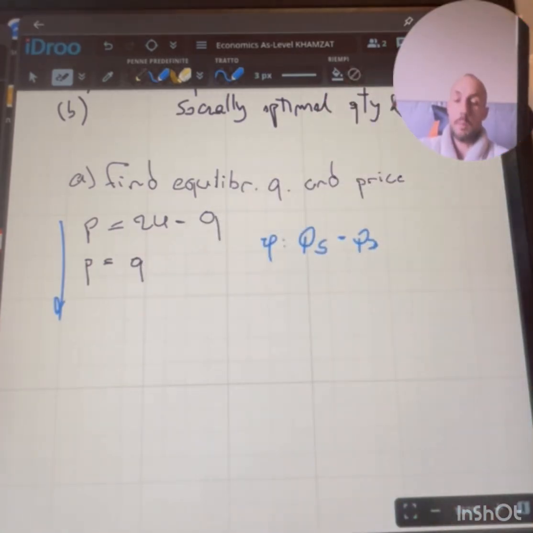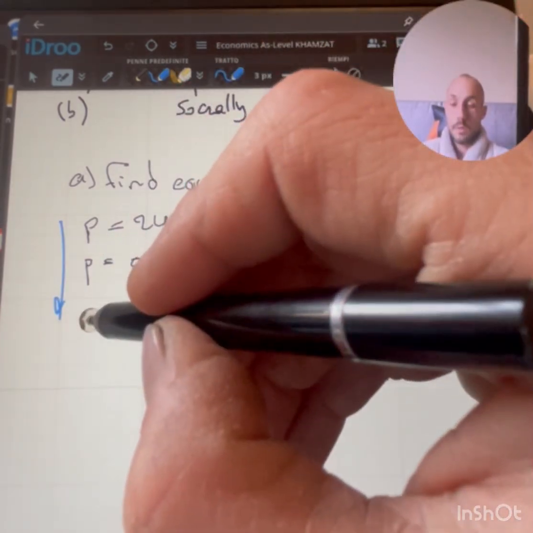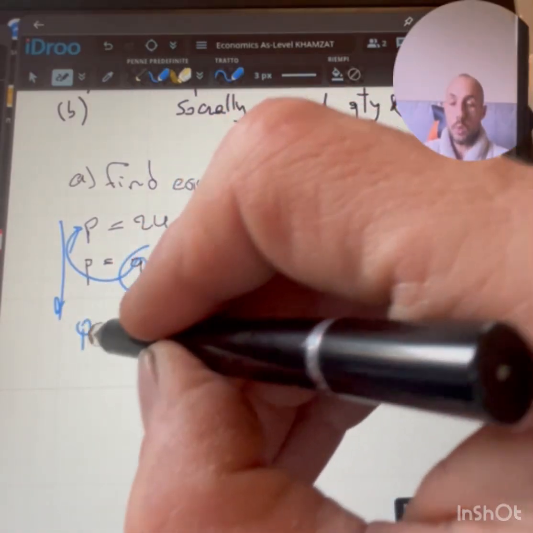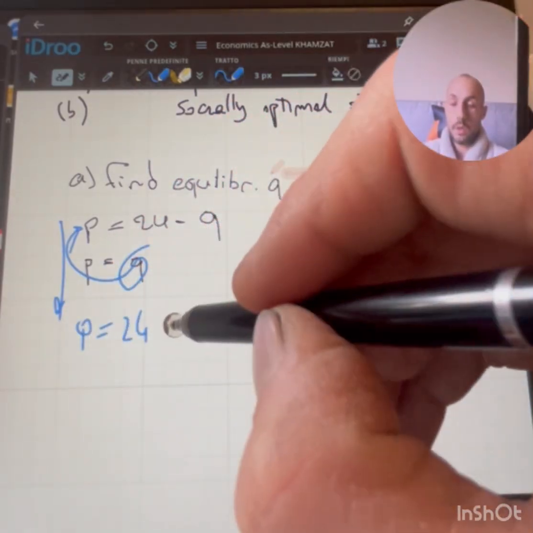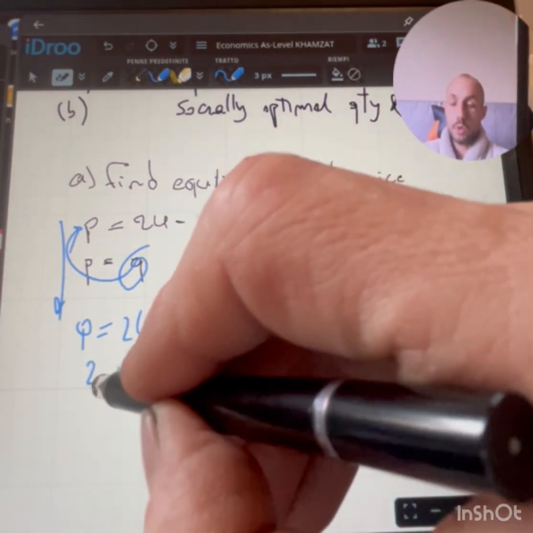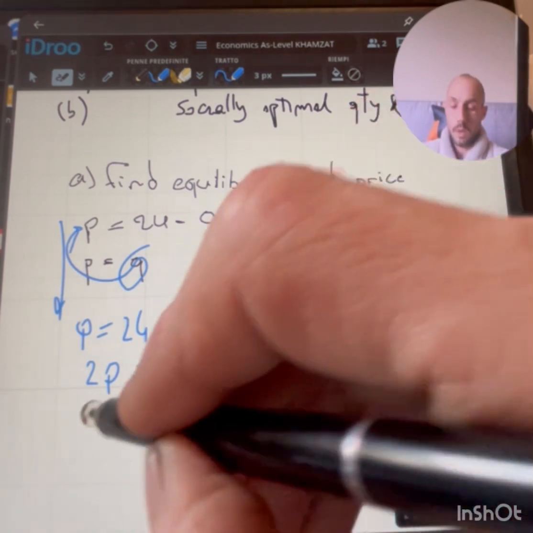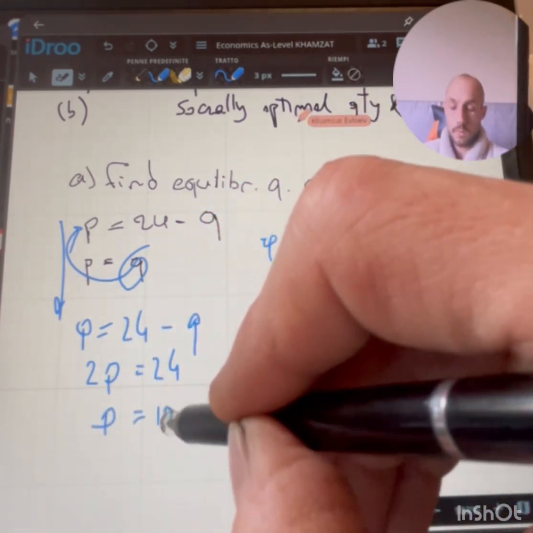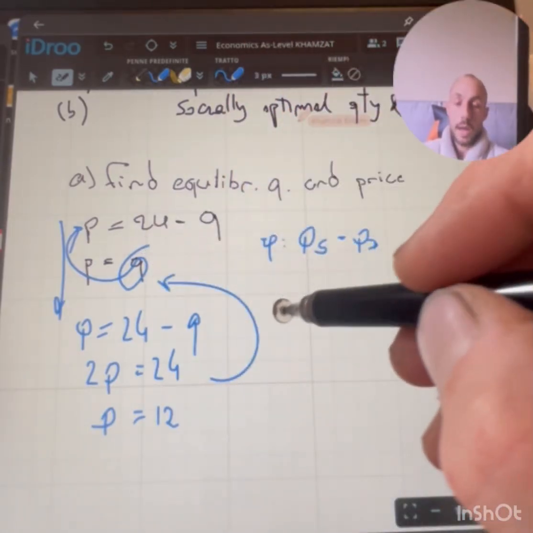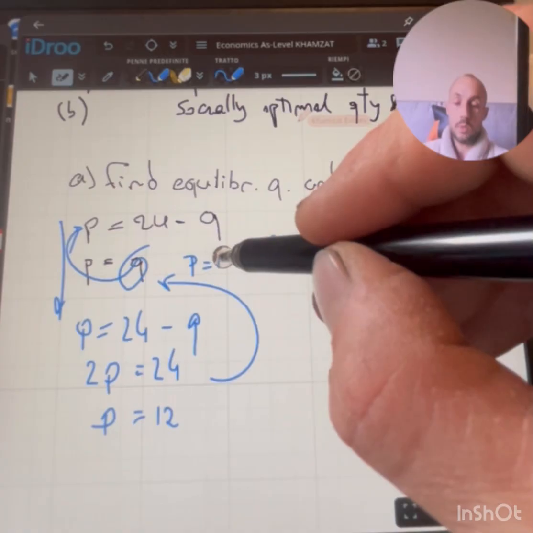How much are Q and P in this scenario? I'm not sure. Okay, so we set this one there, and we have that Q equals 24 minus Q. So 2Q equals 24, and Q equals 12. And then we place it there, and we find that P is equal to 12.